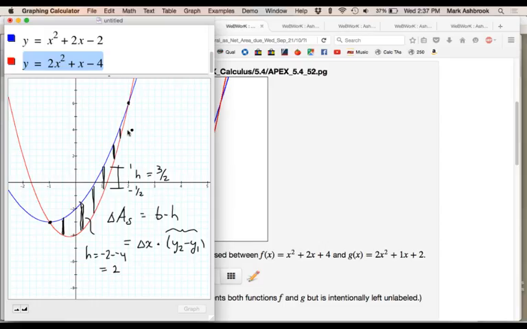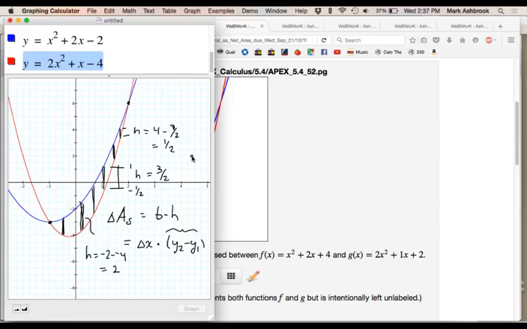And up here, 4 minus 3.5, which is 7/2, equals 1/2. So what I'm trying to show you is that when you do y2 minus y1, if y2 is a greater y value than y1, regardless of them being negative or positive, that difference will always give you the positive height of that strip.